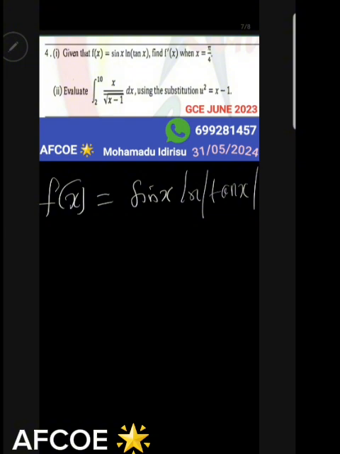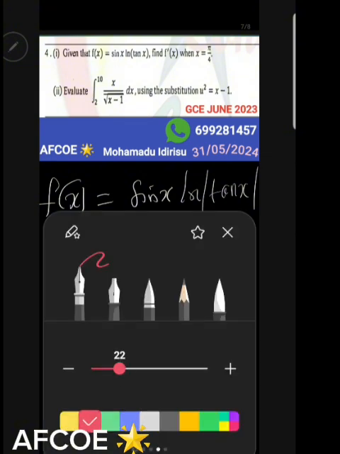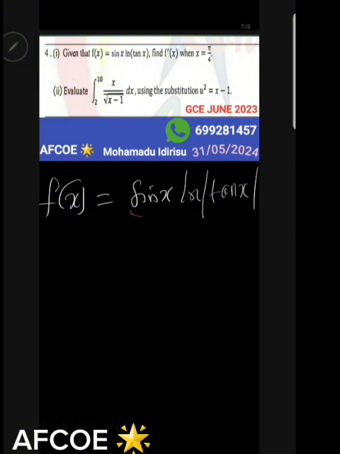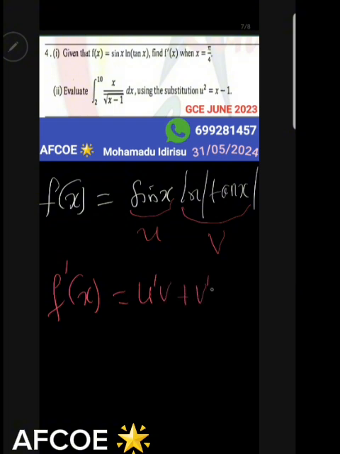Let our function be made up of two functions: this one I call u, and this one I call v. Then f prime of x will be equal to u prime v plus v prime u. That is, I differentiate u and allow v constant, then I differentiate v and allow u constant. That is the product rule.